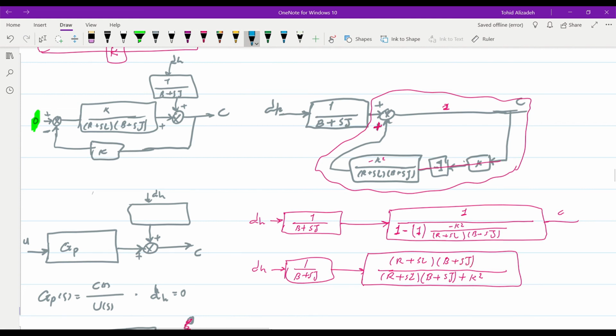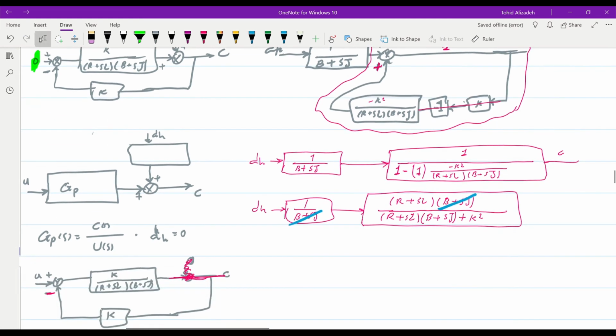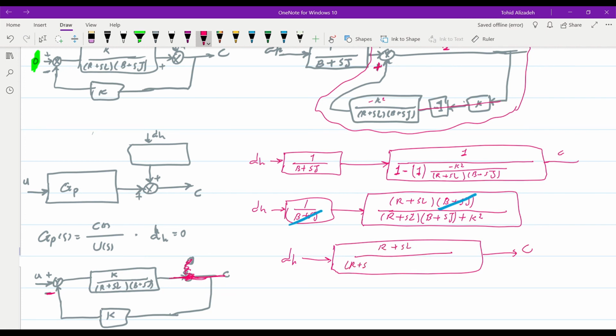And then these (B plus Sj)'s will cancel each other, and as the final transfer function we will have R plus SL at the numerator and (R plus SL) times (B plus Sj) plus K squared at the denominator.